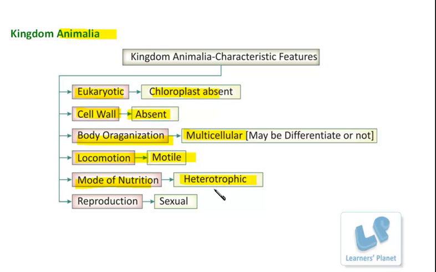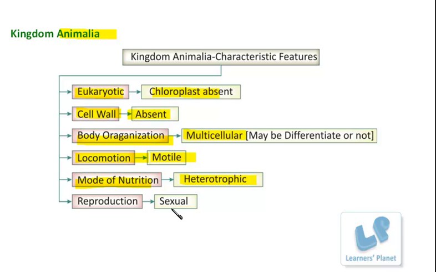Such processes are not required in plants, because there they themselves synthesize the food material. In the heterotrophic mode, as shown here, the modes can be different, right? It depends on where they obtain the food material from.